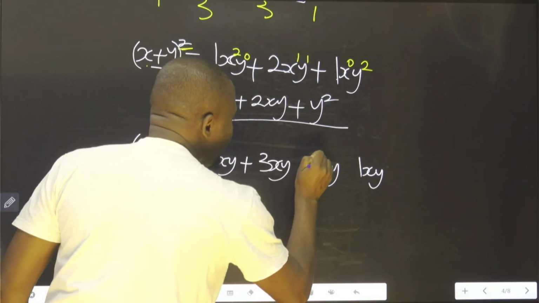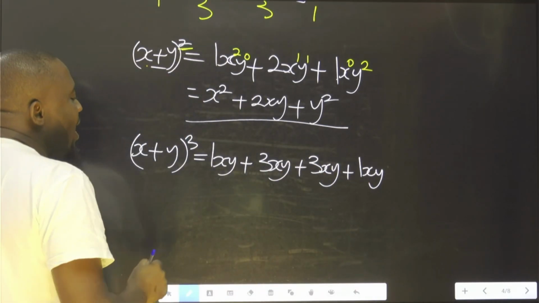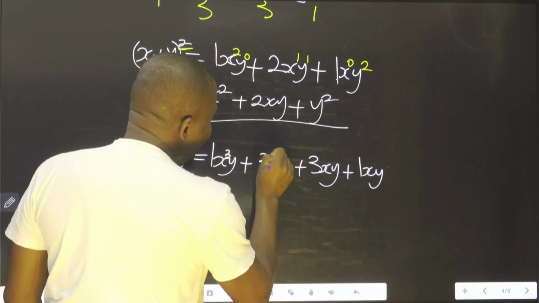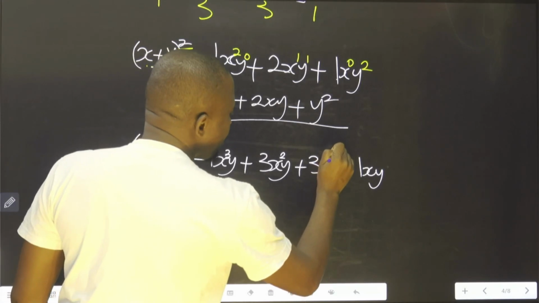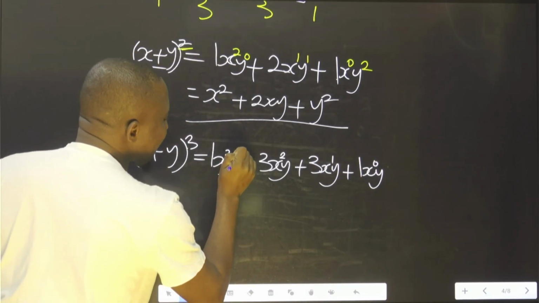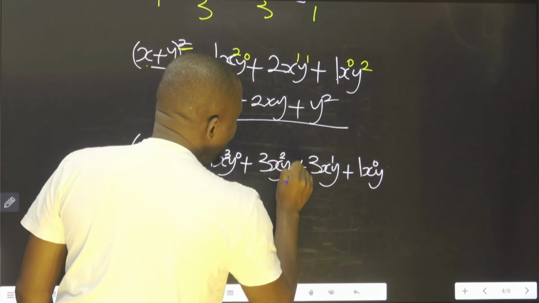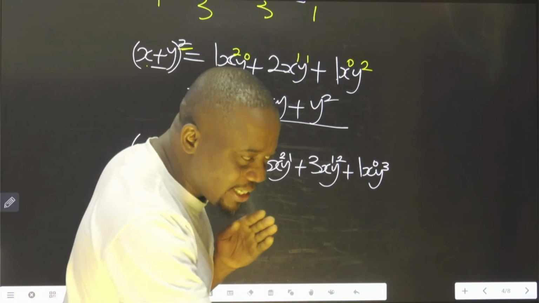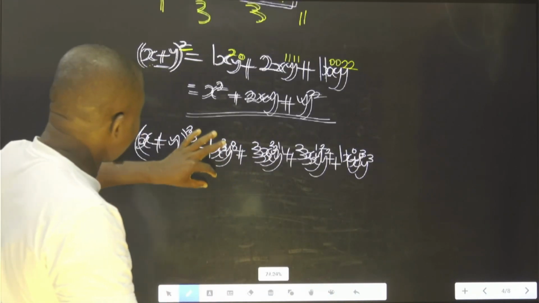Then I put plus, plus, plus in between. Now this is 3. I will start this x with 3. Then I reduce, I get 2. Reduce, I get 1. Reduce, I get 0. For the y, I will start from 0. Then 1, 2, 3. One is decreasing, the other is increasing.